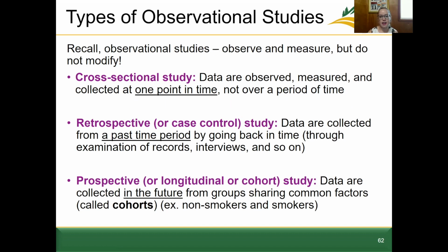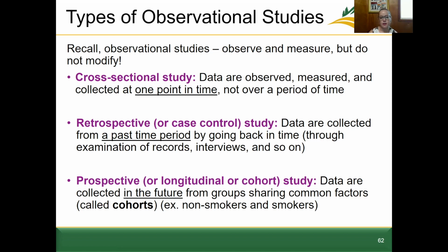Okay, let's get into the types of observational studies. And remember what we talked about with observational studies, these observe and measure, but they do not modify, versus an experiment. We have cross-sectional studies where data are observed, measured, and collected at one point in time, not over a period of time. This is still all in the category of observational studies. Retrospective or case control study: this is when data are collected from a past time period by going back in time through records, interviews, books, magazines, and so forth.